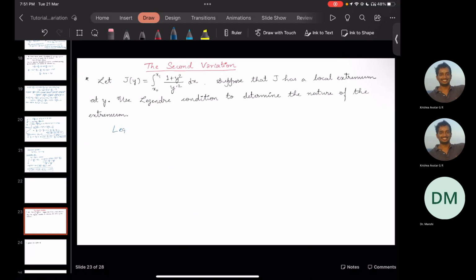The Legendre condition states that f_y'y', which is ∂²f/∂y'², should be equal to or greater than 0 for y to be a local maximum, local minimum at the extremum y. So this is our Legendre condition.